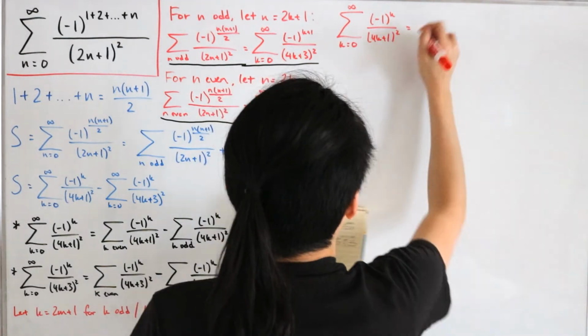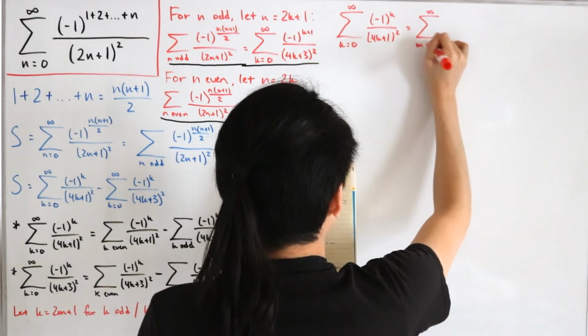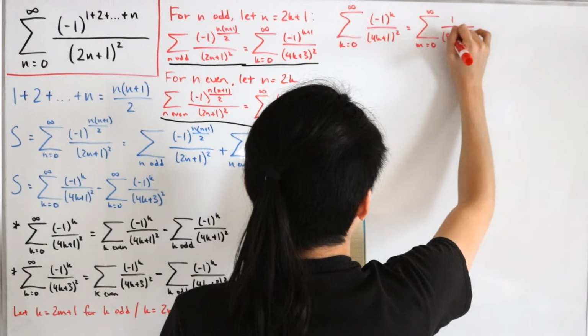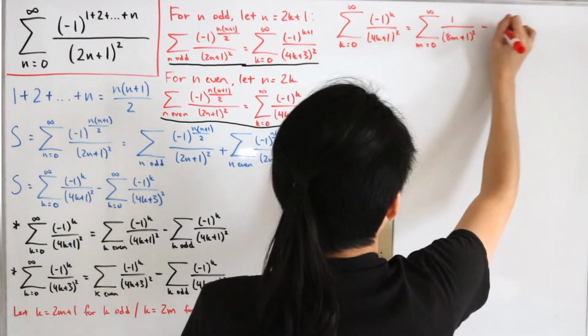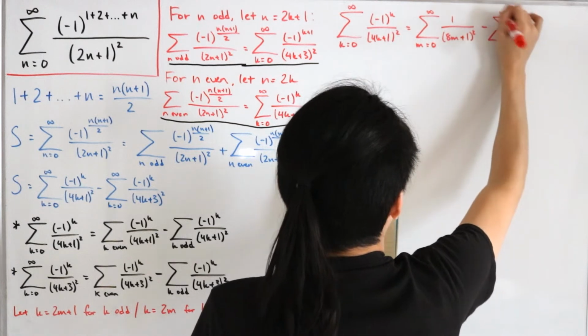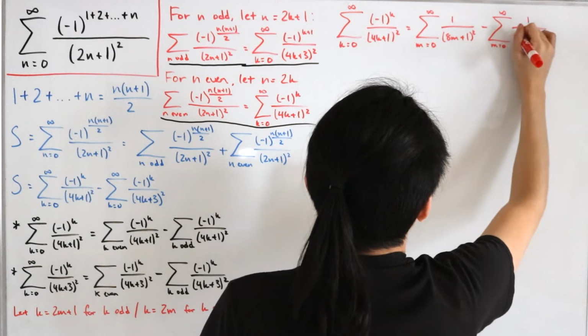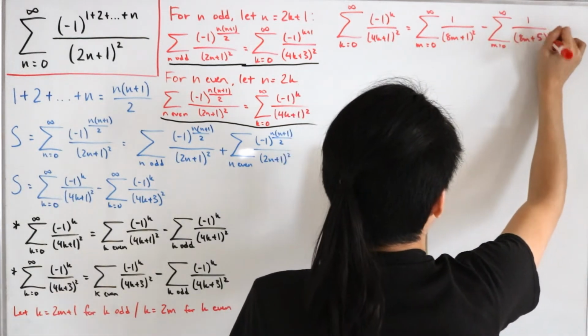We would have this infinite sum, where the new indices are m equals 0 of 1 divided by (8m+1) squared, then subtract the infinite sum for the odd indices: 1 divided by (8m+5) quantity squared.